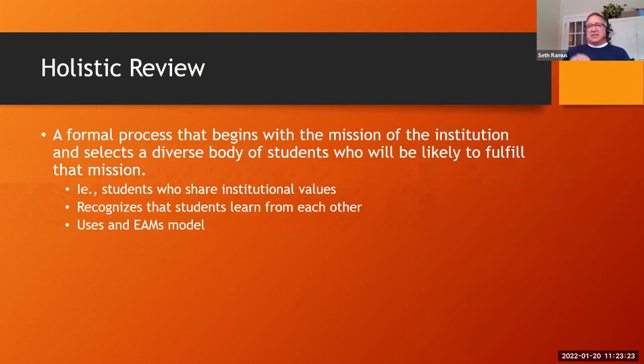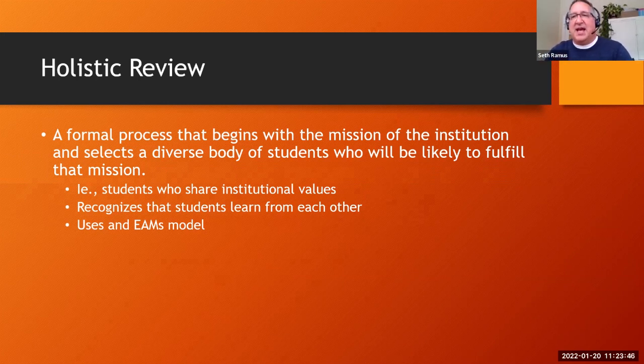So let's turn to holistic review. Like I said, not a namby-pamby hand-wavy "we look at the whole applicant." This is a formal process. In fact, the AAMC has a group of physicians that will go into your medical school and sit down with the admissions committee and say, let's create a rubric for holistic review at your institution.